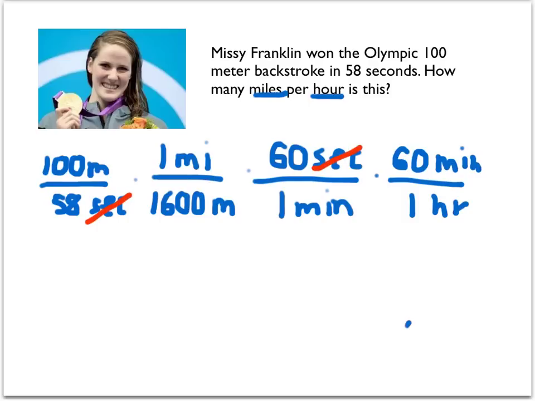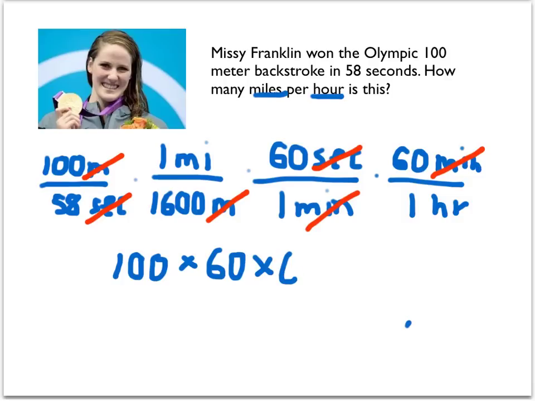So as you can see, what's going to happen here, as far as the units, the seconds here will cancel out. The meters will cancel out. The minutes will cancel out here. So my units that I have left are miles per hour, which is what I want. Now, I did this in my calculator. We'll kind of go over how to do that in class. But what's going to happen here is basically on your calculator, you can take 100 times 60 times 60.